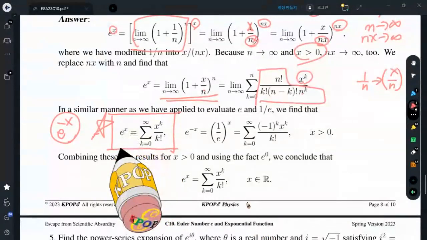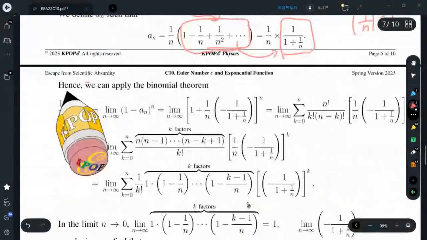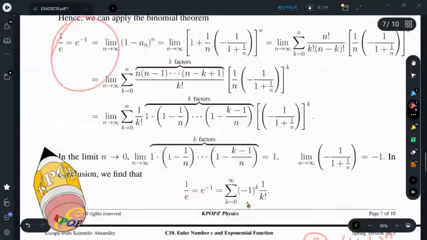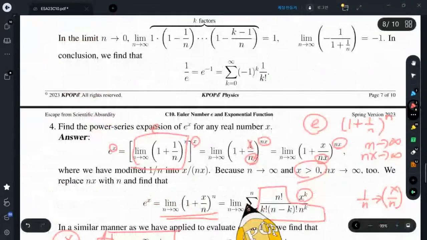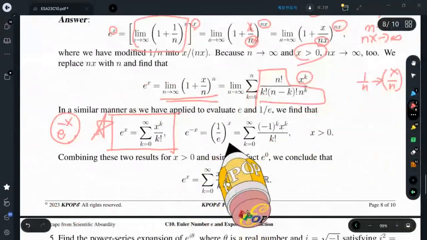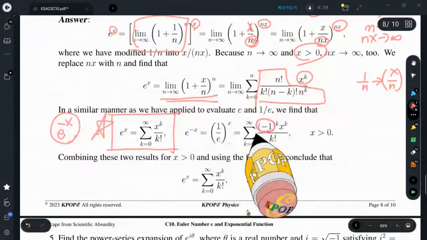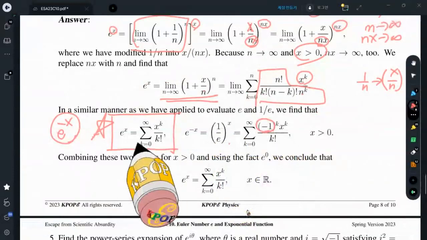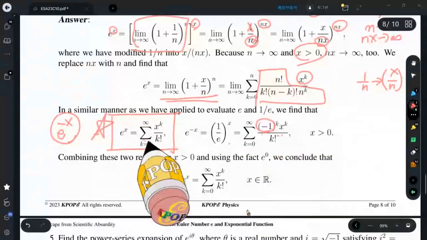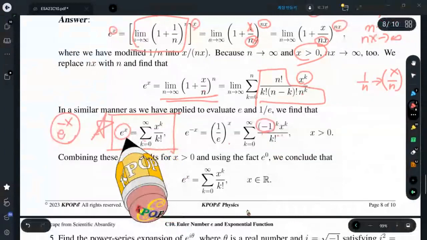That can be obtained by making use of our previous result for the reciprocal of e, where we found an oscillating factor, minus 1 to the k, appeared. So either way, we can express the exponential function, whether the argument is positive or negative.